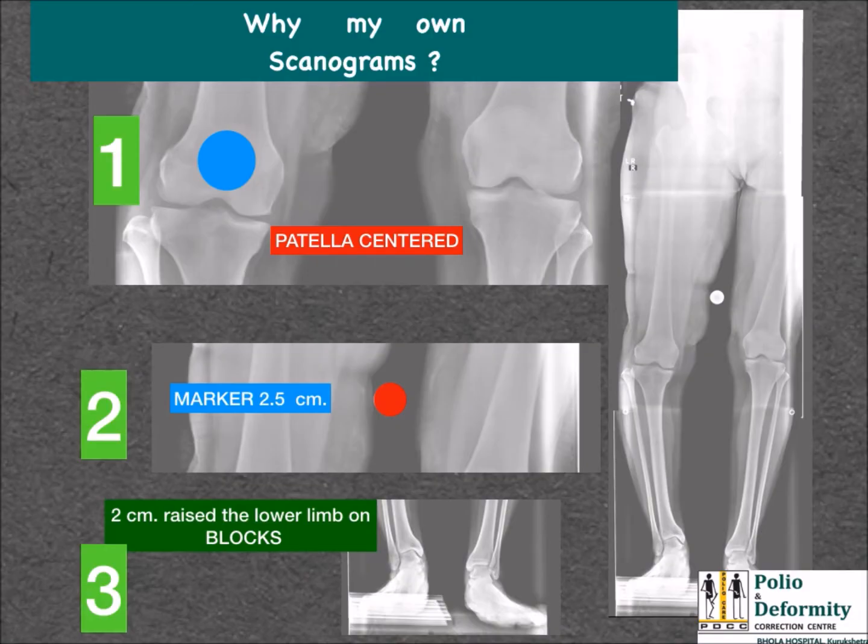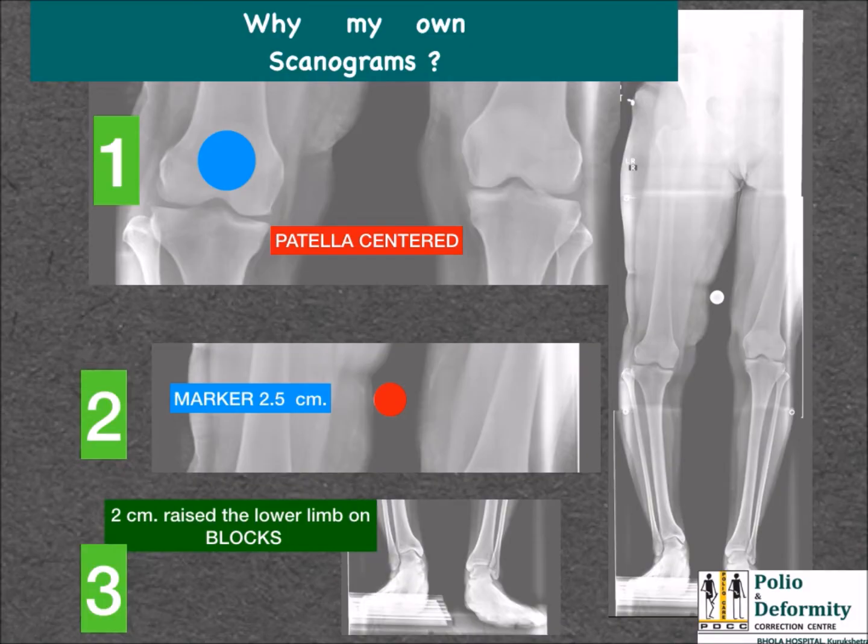So first we had a scanogram from the patient where the patella was not marked, the marker was not there, and the limb was not raised on the blocks. Now I have corrected that and I have done my own scanogram.